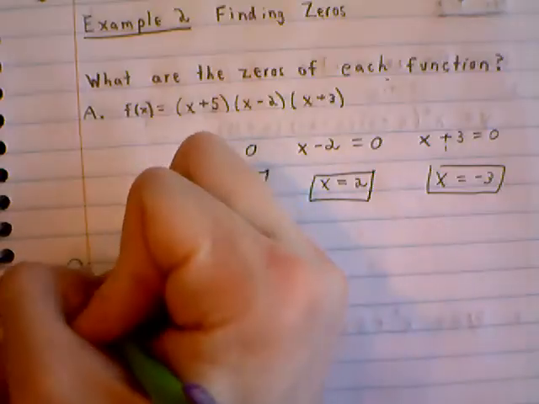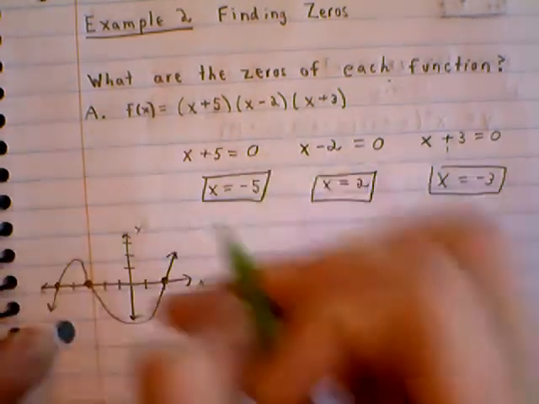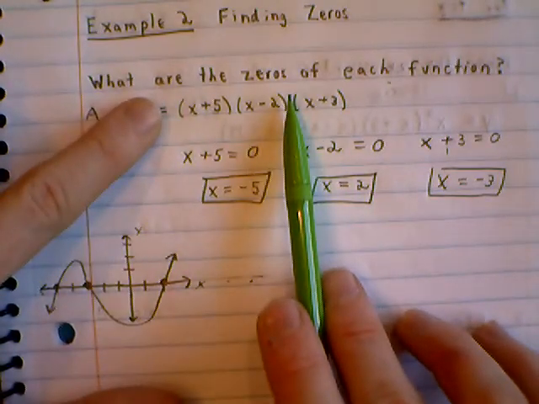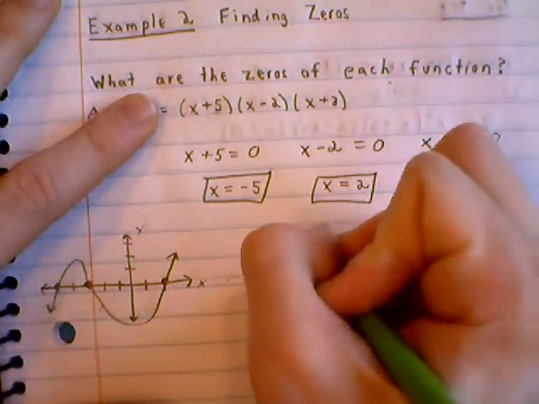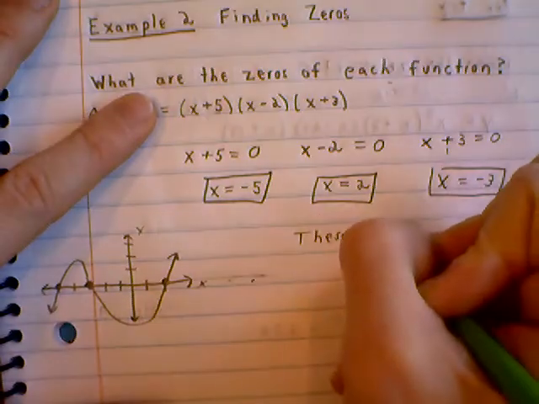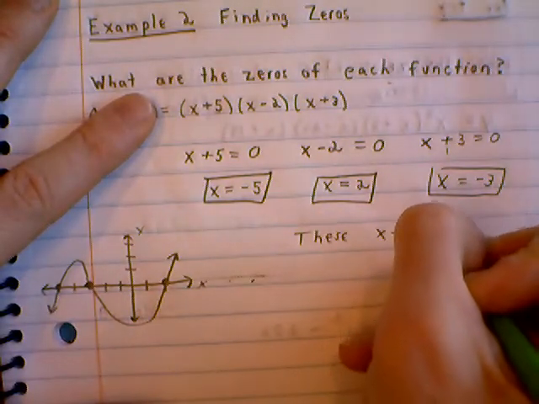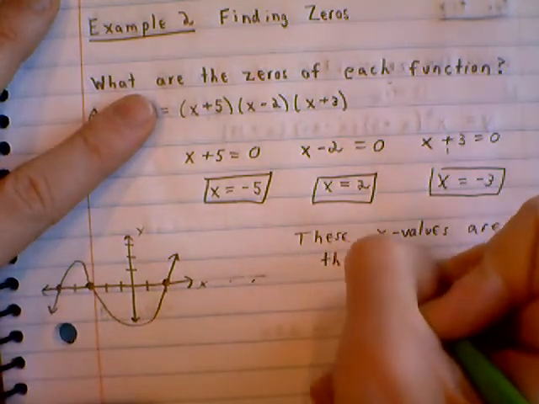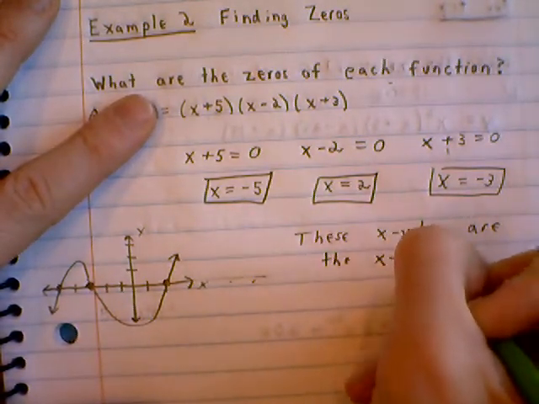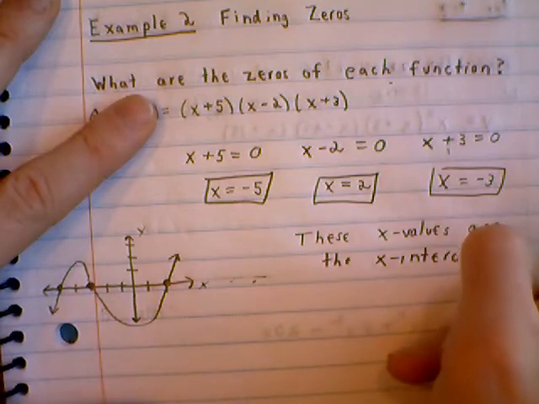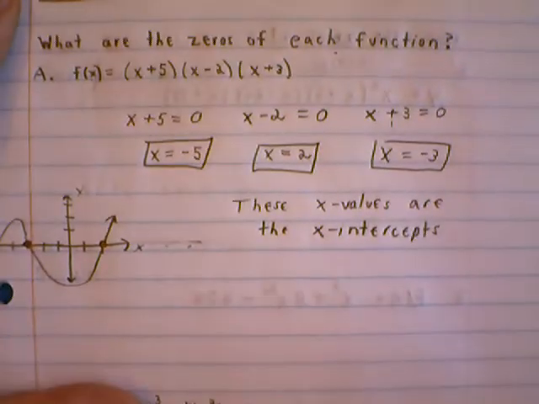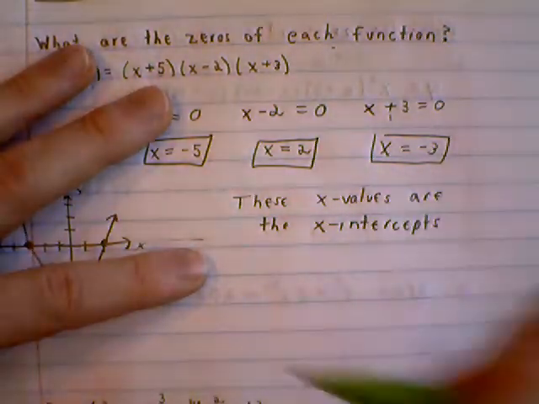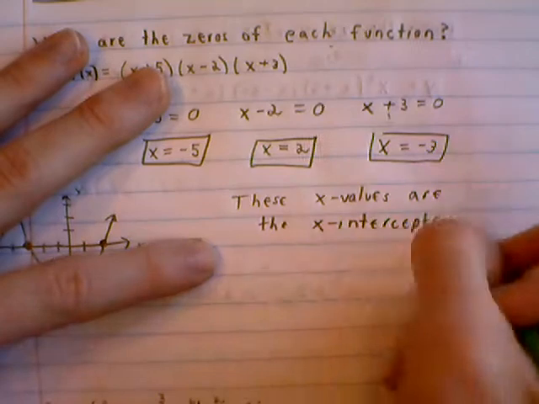But you have to make the connection that these points you got are where this graph crosses the x-axis. These x values are the x-intercepts, which means that's where this function crosses the x-axis.